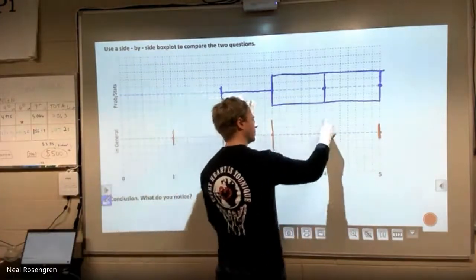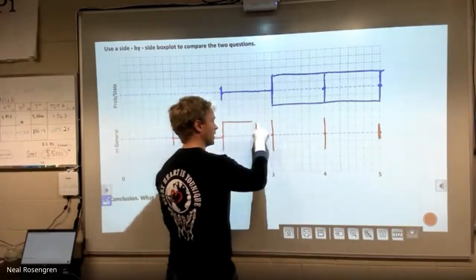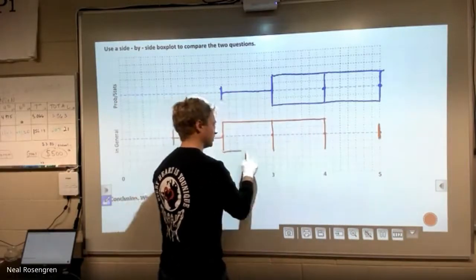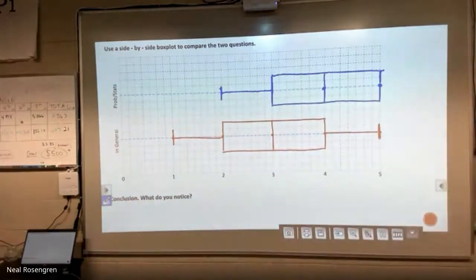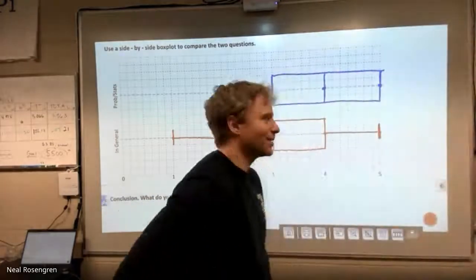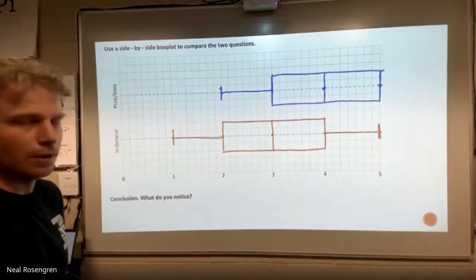Up and down 2. Cross the tops and bottoms for the box, and then whisker it out. Ta-da, amazing, so cool. There they are, one blue, one red, if you want.